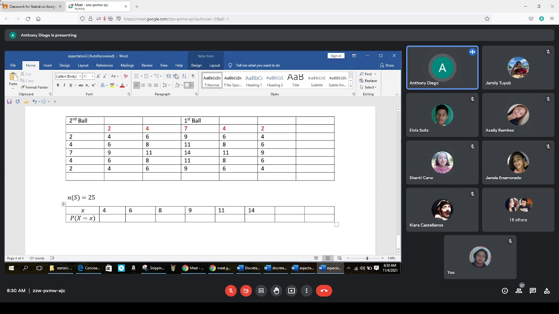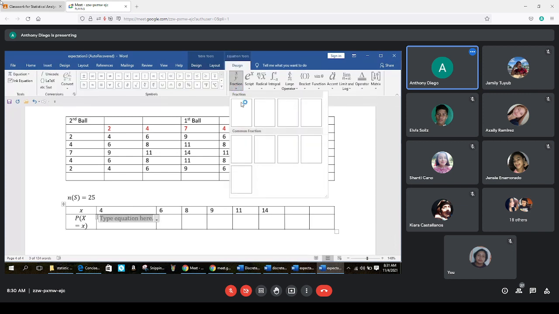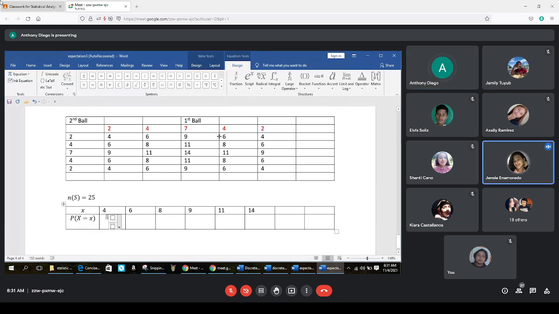Now, how many 4s are here out of 25? Is it 5? Okay, let us see how many 4. We have 1 here, we have 2 here. We have 4. So it's 4 out of 25.